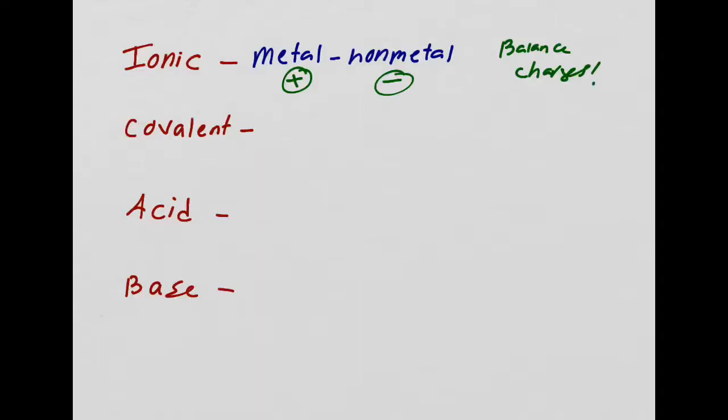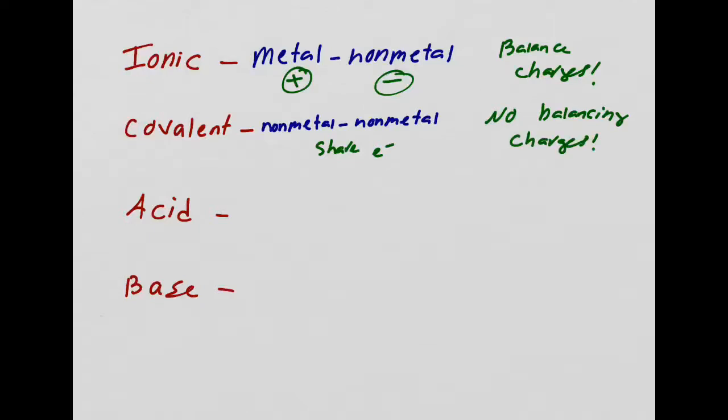Now, covalent compound, we said covalent compound is 2 non-metals. And because they both want to gain, there is no balancing of charges. What do they do? They share electrons. There are no balancing charges. I need you to remember that.